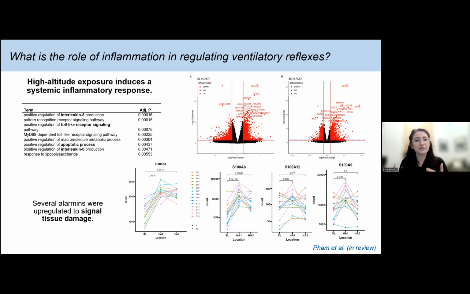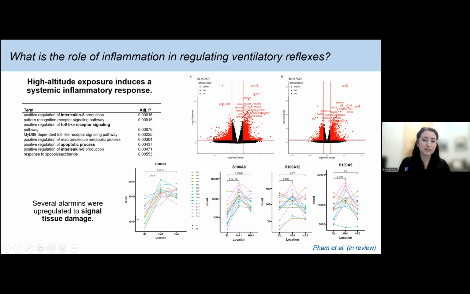But if we take those differentially expressed genes and ask what biological pathways they're enriched for, we see, these are the top pathways, things like positive regulation of IL-8 production, toll-like receptor signaling, and interleukin-6 production. So these are all pathways that are priming the innate immune system and creating systemic inflammation.